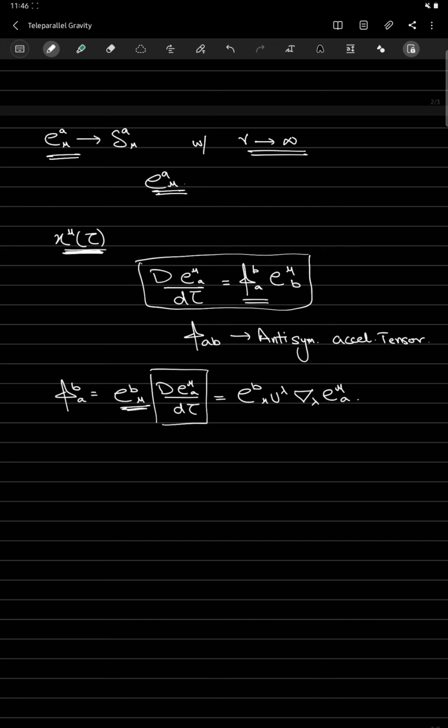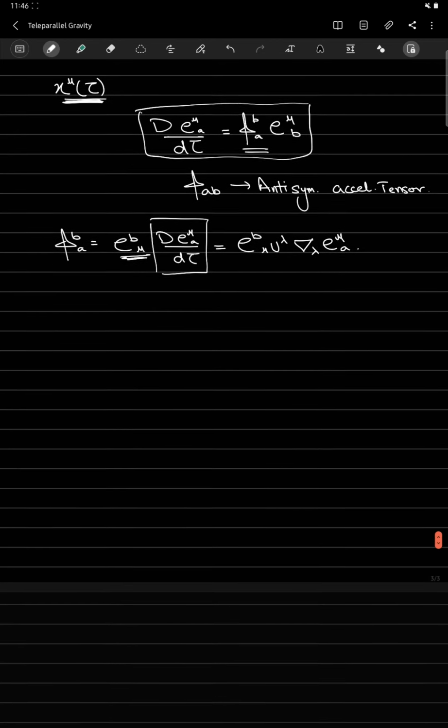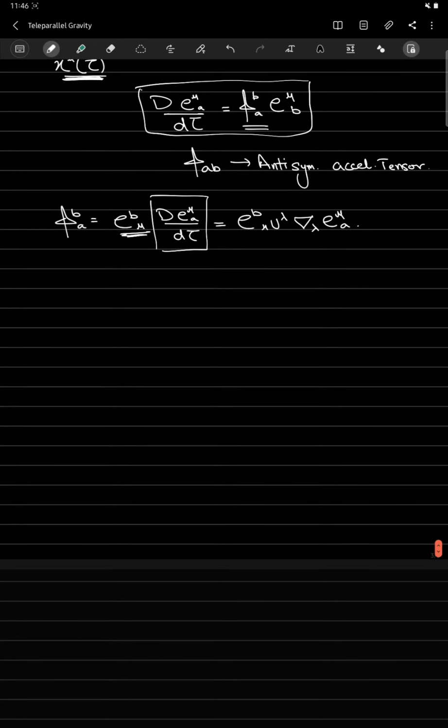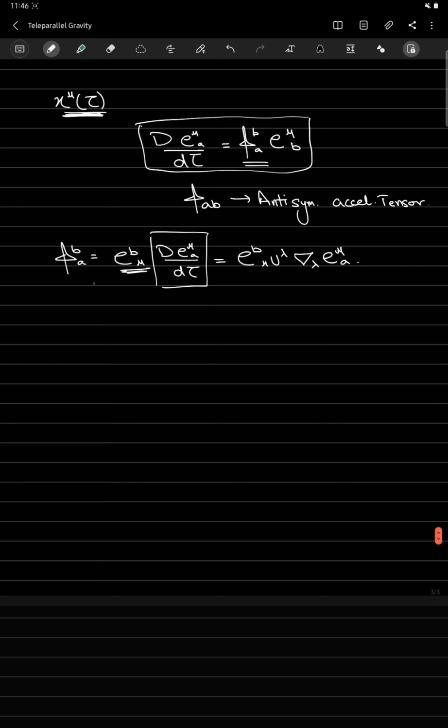Now the acceleration vector A mu can be projected on a frame to give something which is A b equal to e b mu A mu, and if I expand this, I get c, which is the speed of light, times e b mu u alpha, and the covariant derivative of e mu 0, right?